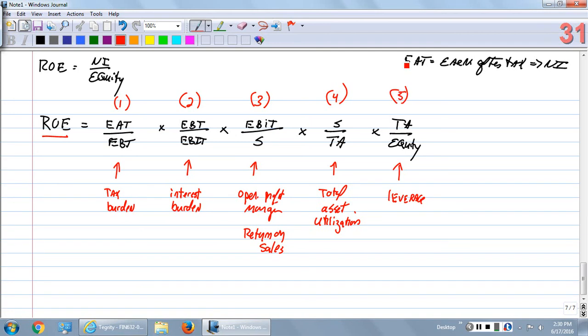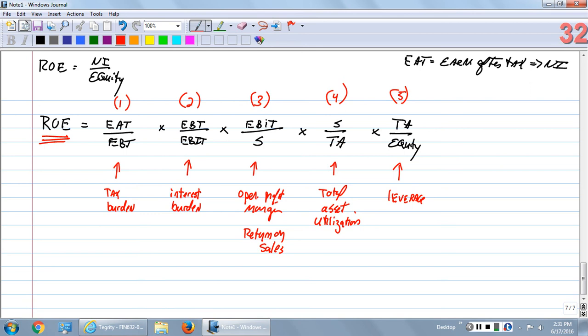Well, what are we trying to accomplish here? We're trying to break down our return on equity into different components. What if I had asked you to evaluate this firm over the last few years? And what you noticed is that the return on equity, which is something that's very, very important, has been declining.